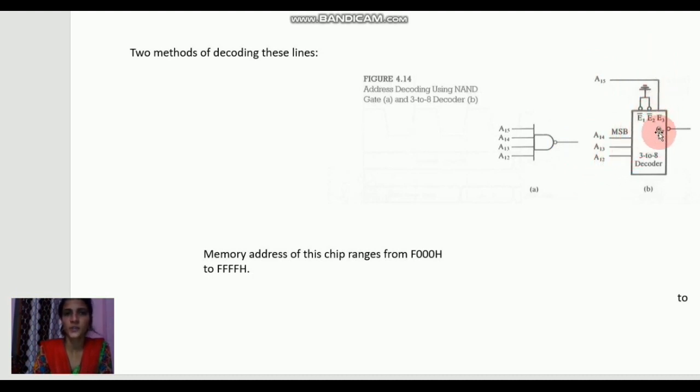When A15 equals 1, the chip enable is active high. A14, A13, A12 equal to 111 gives active output O7, or when A14, A13, A12 are all 0, O0 gives active output. The address range for this will be F000H to FFFFH.